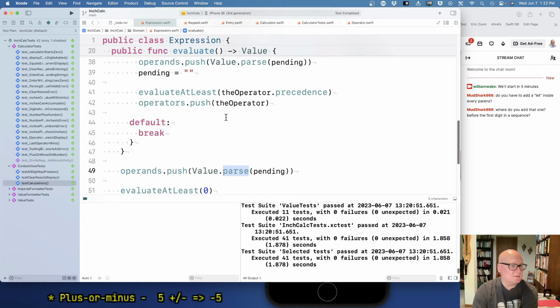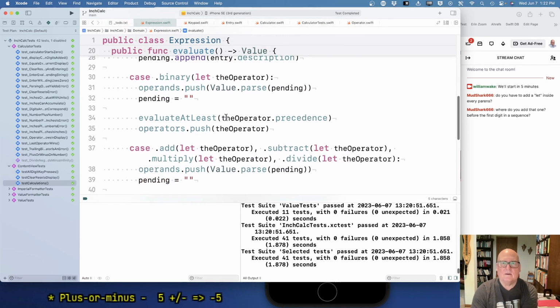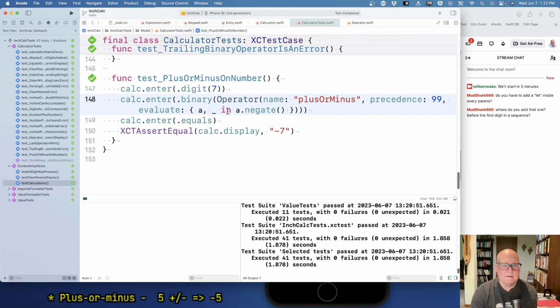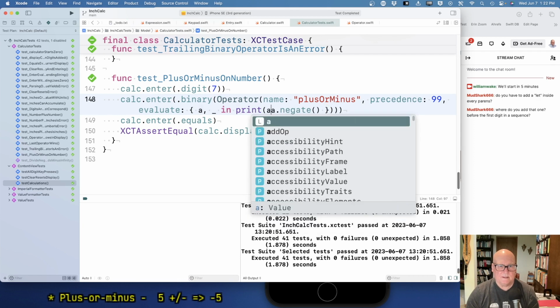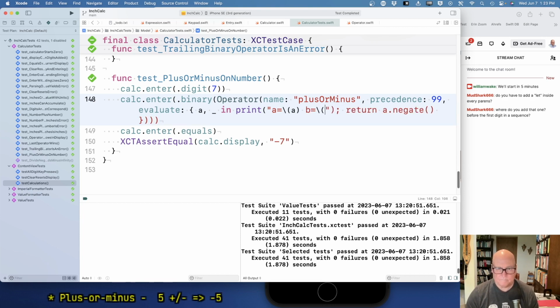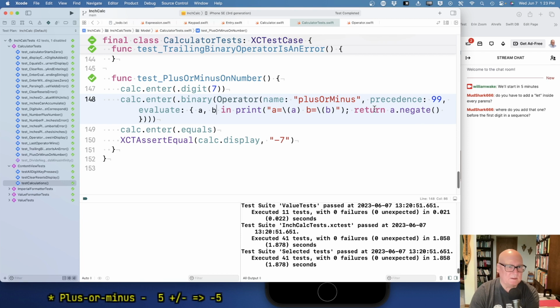It pushes value up parse pending. All right, I want to stop in our code and, okay, let's say print a. I'm going to print a equals, and print them both and return the negation.